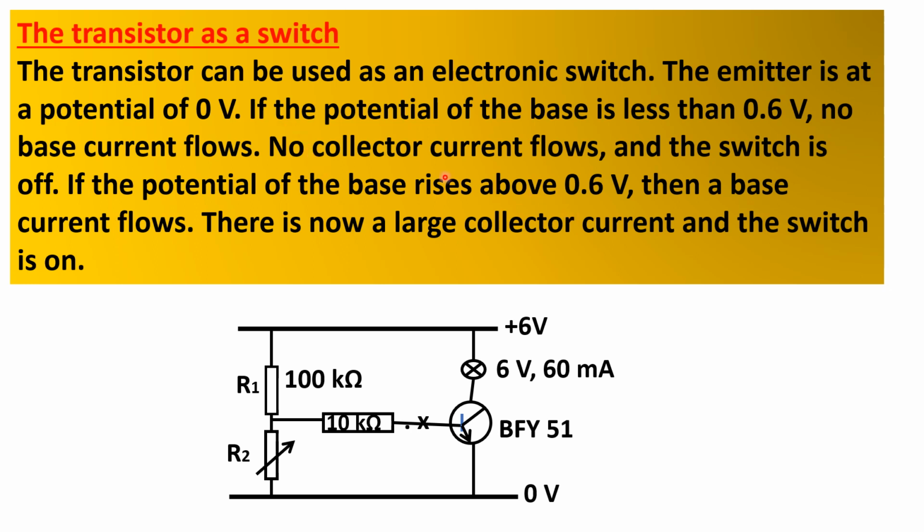Before we proceed to our next question, let's first talk about an example of a transistor that is used as a switch. One of the functions of a transistor is that it acts like a switch. So the transistor can be used as an electronic switch, as shown in this circuit diagram below. The emitter is at the potential of 0 volt.